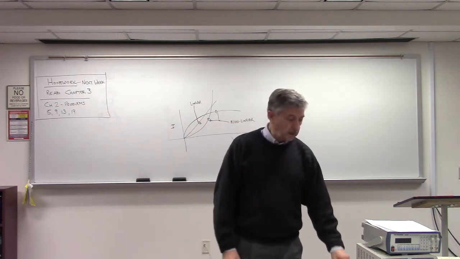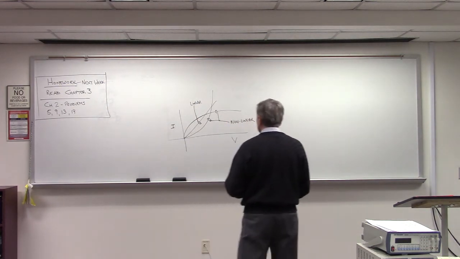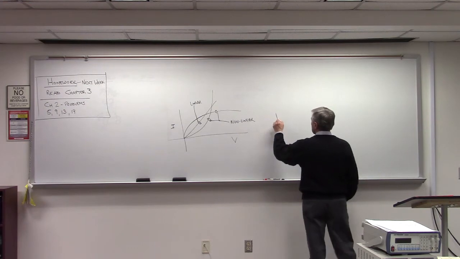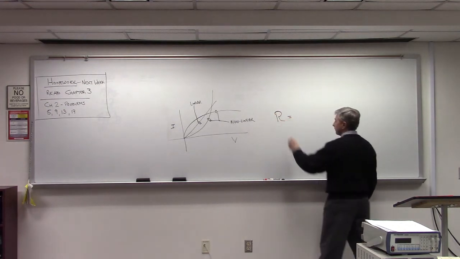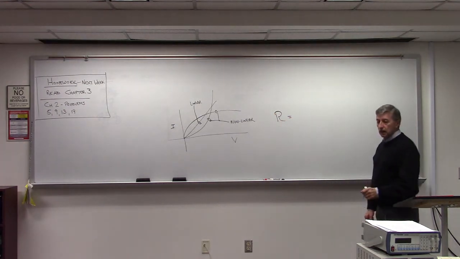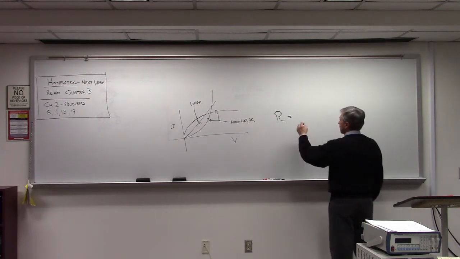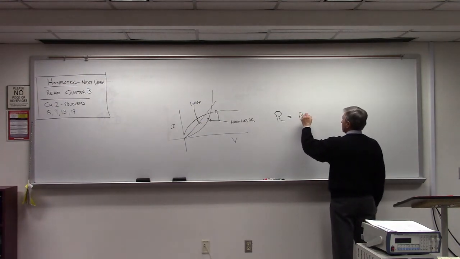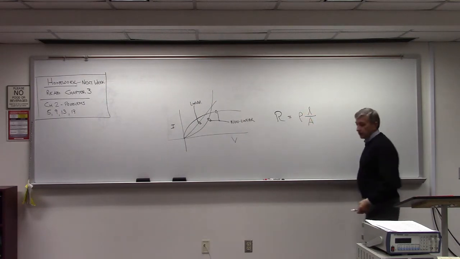And here's the relationship between resistance and resistivity. This is for a cylindrical cross-section. Resistance is equal to resistivity times the length divided by the area.